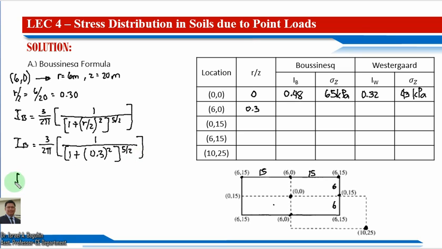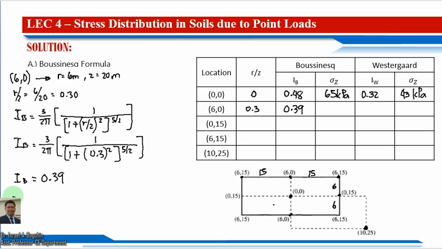So calculating here, our I sub b is just simply equal now to 0.39. Okay, so this would be now our I sub b here, which is 0.39.